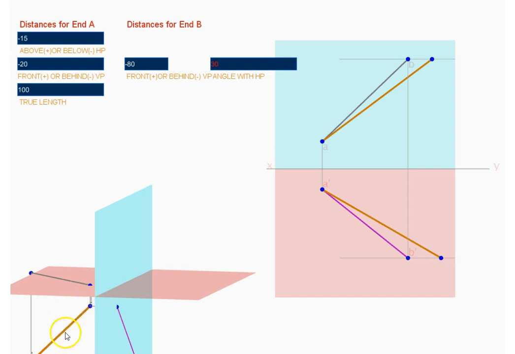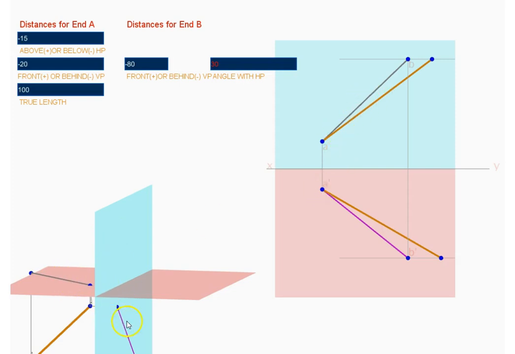The line is completely in the third quadrant, so naturally the two things you have to keep in mind is the front view actually will be below XY line. As you see here, this is a front view, so this is XY line, so front view will be here, and since it is in the third quadrant, this is a top view, and you rotate the HP to fall on the plane, so that naturally the top view will become above XY line like this.